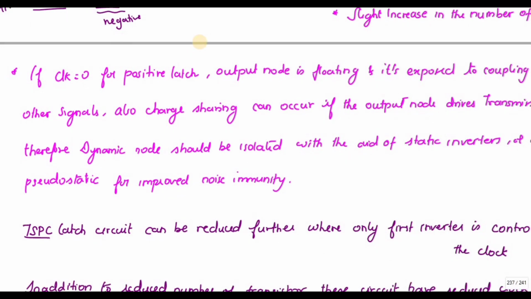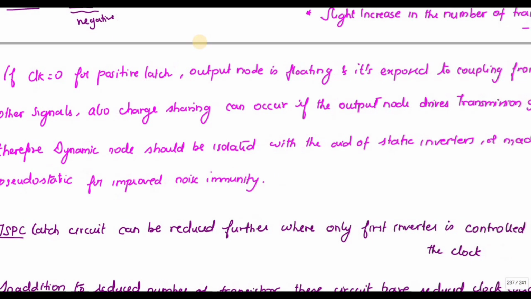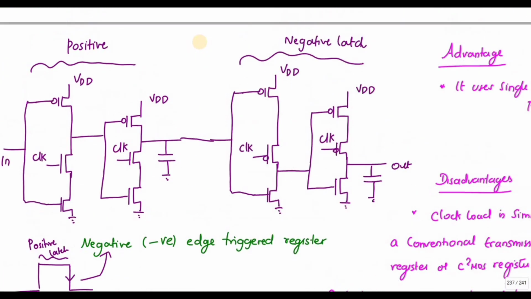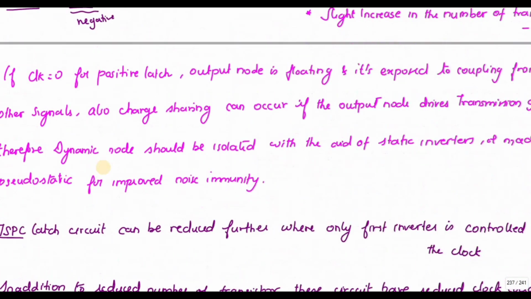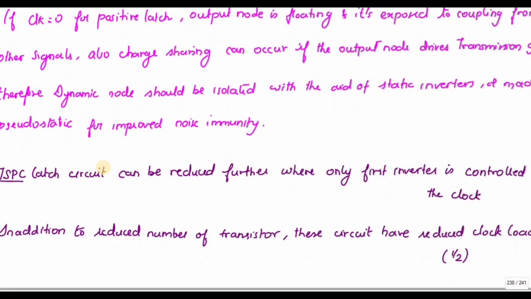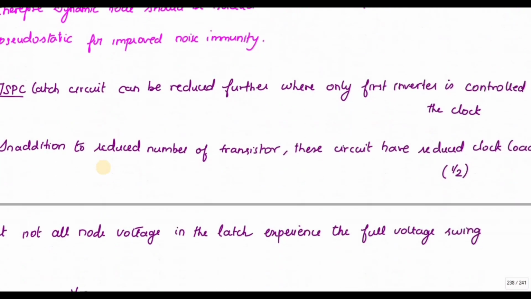So this TSPC latch circuit can be reduced further, where only the first inverter is controlled by the clock. So if you see in the positive latch, I have used the clock for 2 transistors. So now I am going to use only 1 transistor, so that the clock load is reduced to half.